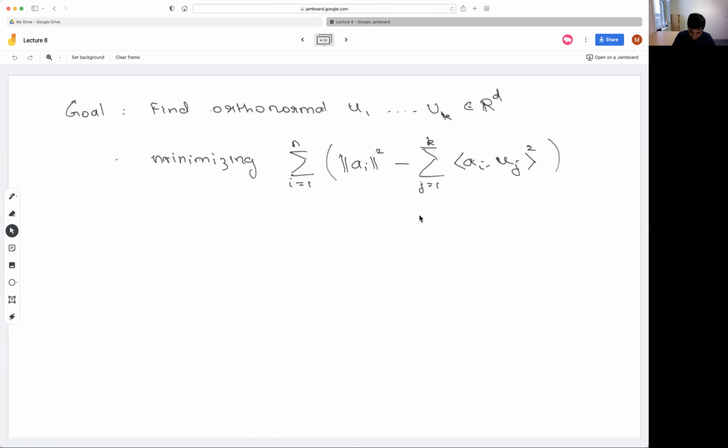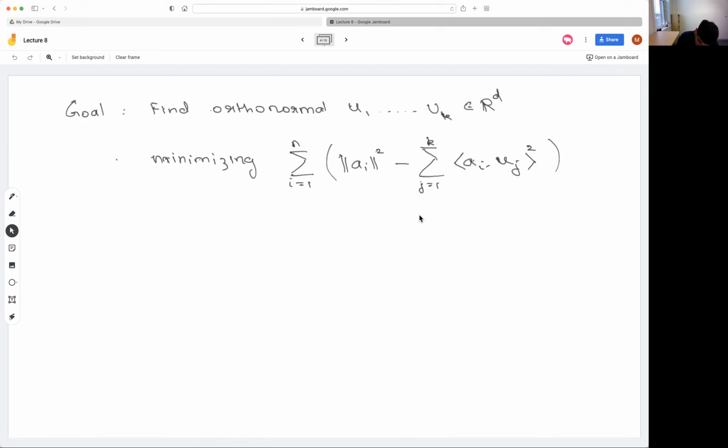Here I've omitted the absolute values on the inner product because we are over real spaces. So these are just real numbers. I can square a real number. Don't have to worry about the modulus. And I've just restated the problem as finding an orthonormal set U1 to UK, which minimizes this quantity.